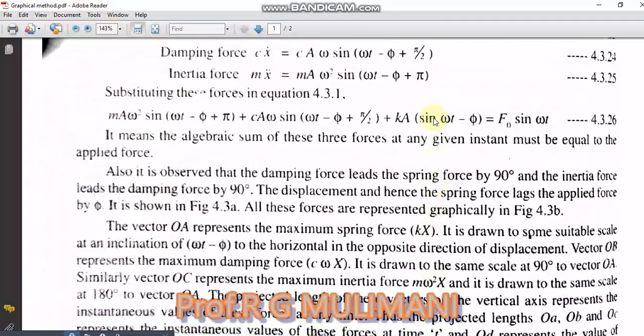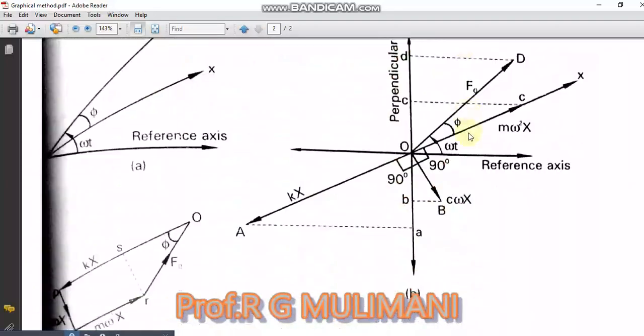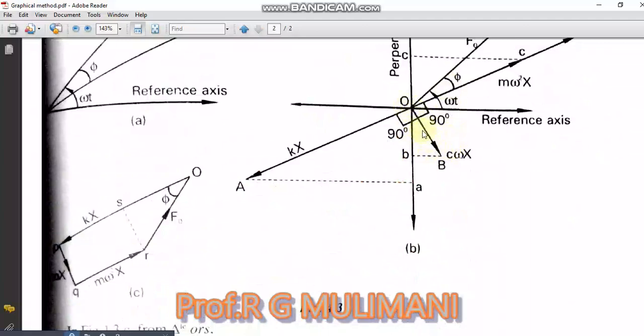Similarly, the inertia force is always in line with the displacement. What is the relationship between damping force and inertia force? It is omega t minus phi plus pi by 2, plus pi. Plus pi means it leads by 90 degrees with respect to the damping force.